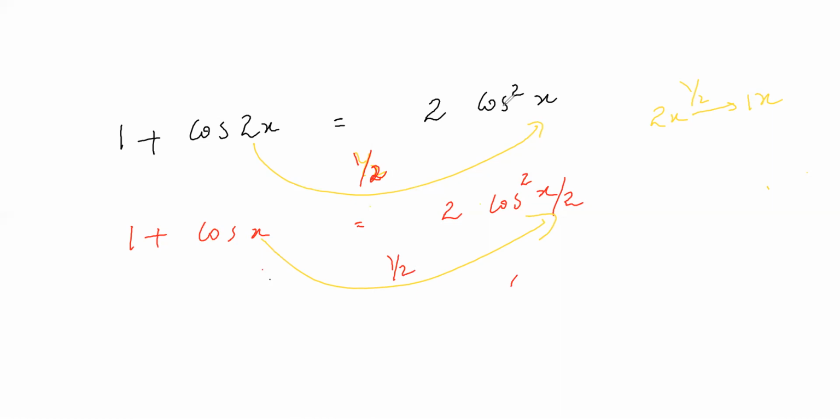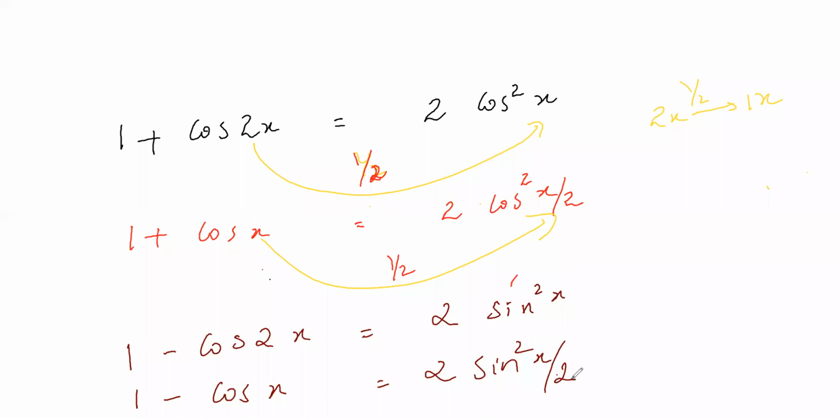Suppose if the sign changes, 1 minus cos 2x. So instead of cos, it will become sine, 2 sine square x. Here again, 2x is getting divided by half. It is 1x. 1 minus cos x is 2 sine square x by 2. If minus comes, we use sine. So these things may or may not be in your textbook, but these are very important.